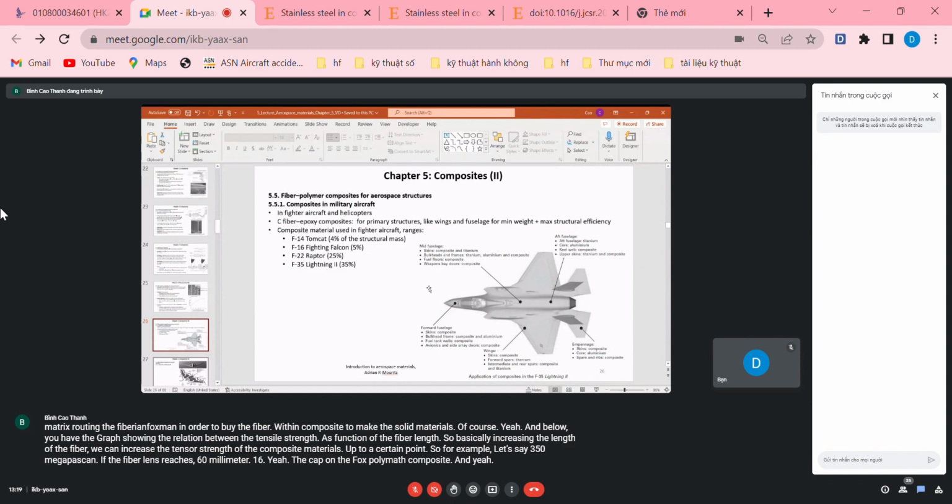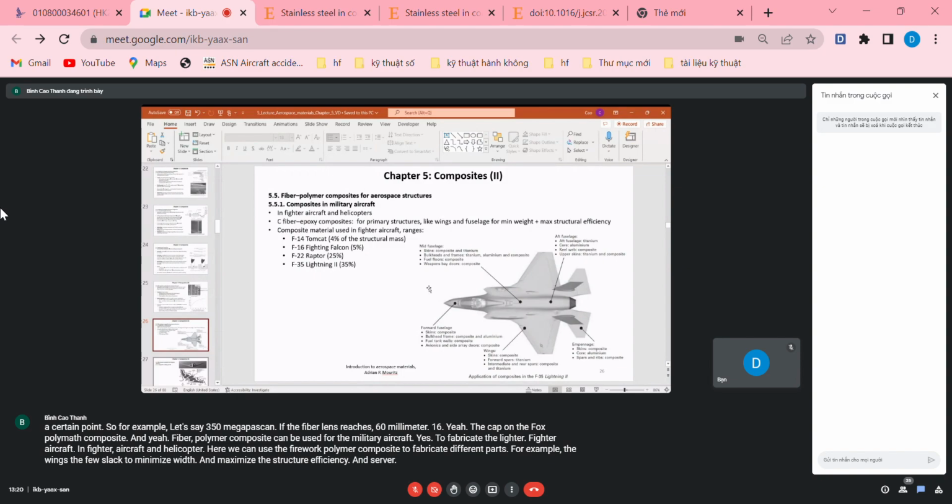And fiber polymer composite can be used for military aircraft, to fabricate lighter fighter aircraft. In fighter aircraft and helicopters, we can use the fiber polymer composite to fabricate different parts, for example the wings and the fuselage, to minimize weight and maximize structural efficiency.